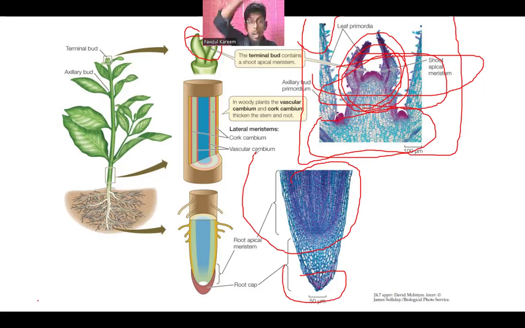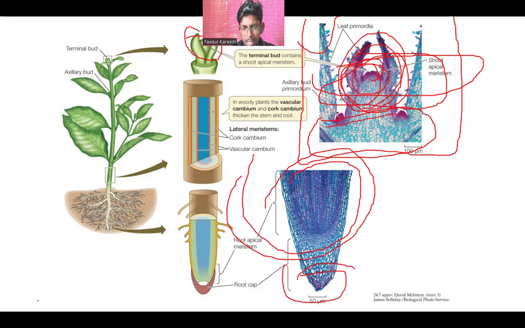They are very long, elongated. They have become large. These cells are very small, circular in shape. But here these cells are elongated, they have become larger. But here the cells are very small, and here the cells are big.